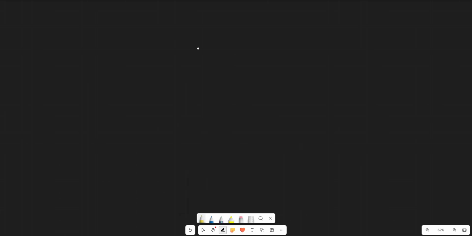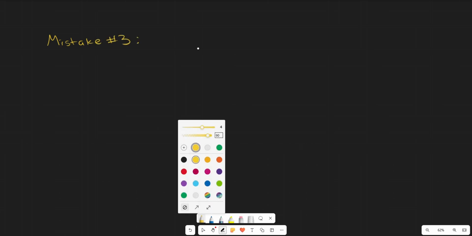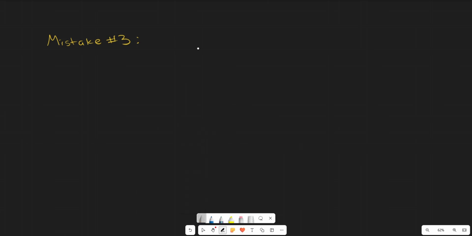Now let's see the last mistake, number 3, which is about ignoring net force. And this has to do with Newton's second law. So what is net force?